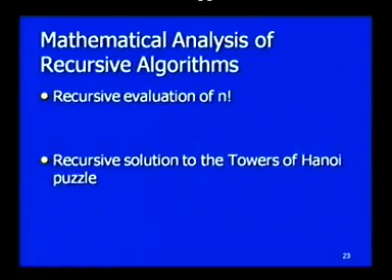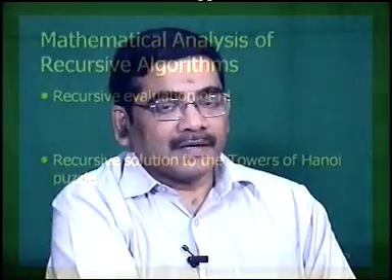But in recursive programs this sort of analysis is a bit complicated, because in recursion we are calling the function by itself. If I want to find 5 factorial, it becomes 5 into 4 factorial. So, we do not know how many times function calls will be made.